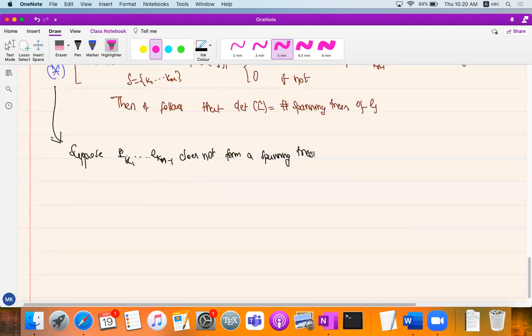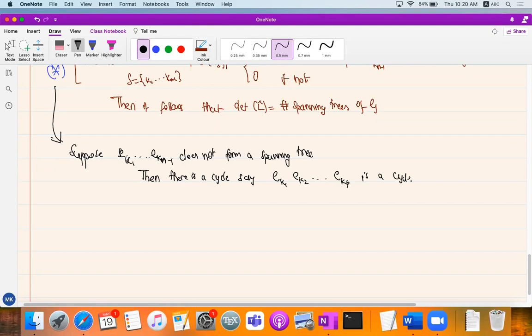So suppose EK1 up to EKn does not form a spanning tree, then there is a cycle, say some EKp is a cycle. So this one may be I1, I2.